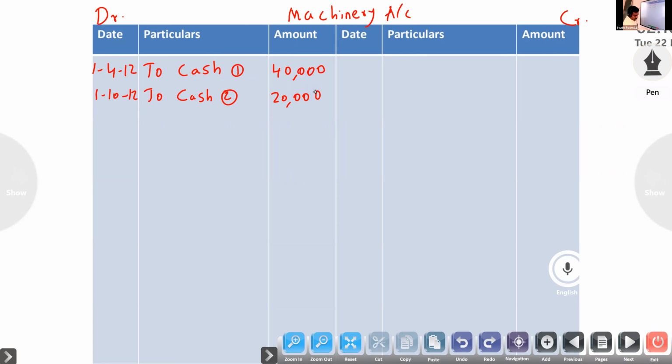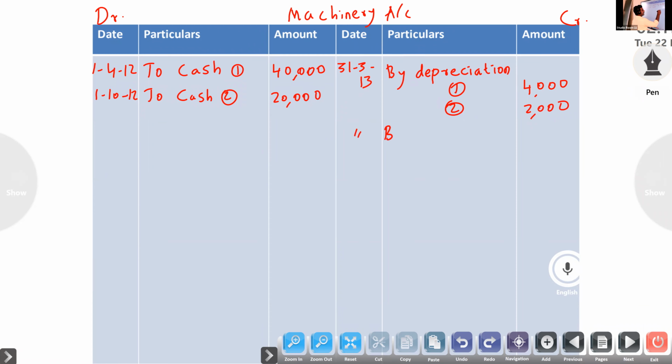Okay. 1st April 2012 and the same year October. Now 31st March 2013, by depreciation 1. Here 10%, so 4,000. Second one 2,000.